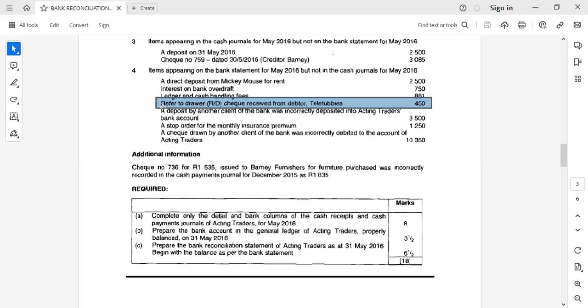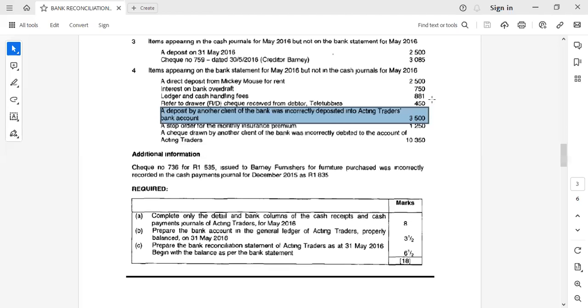Then a deposit made by another client of the bank was incorrectly deposited into Acting Traders' bank account. So someone deposited, but by error, they put it in our account. So this is a bank error, so it goes to the bank reconciliation. They have to reduce our amount in the bank, so it goes on the debit side. Why? Because they have to reduce that amount that we have when they correct the error.